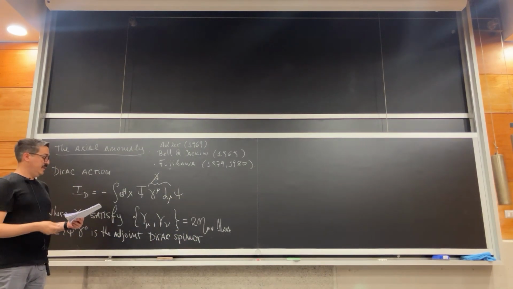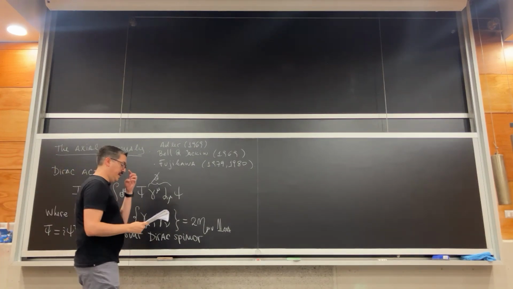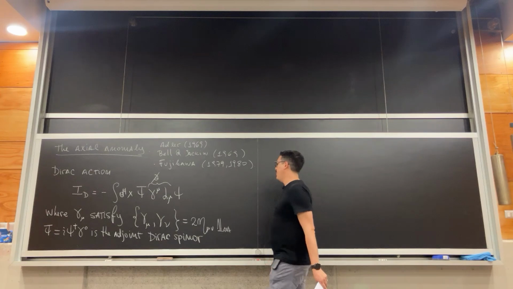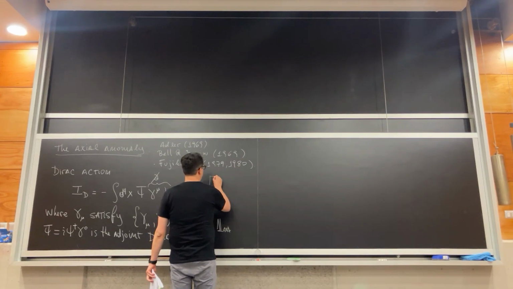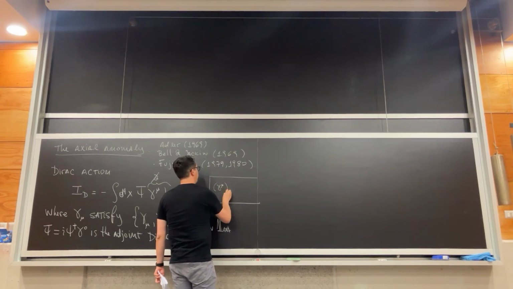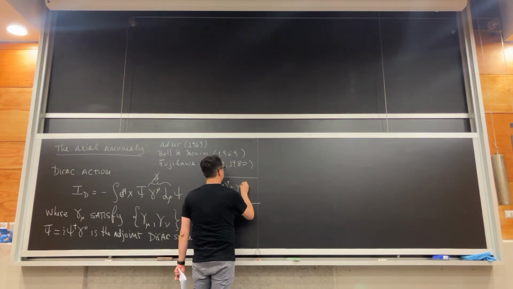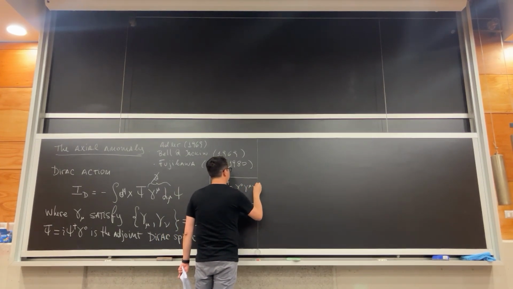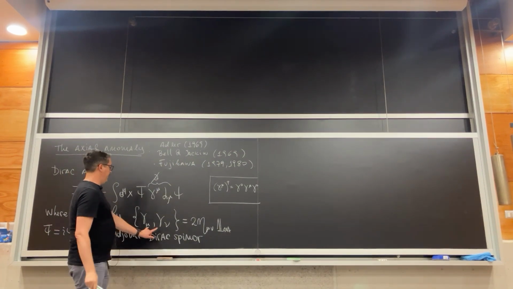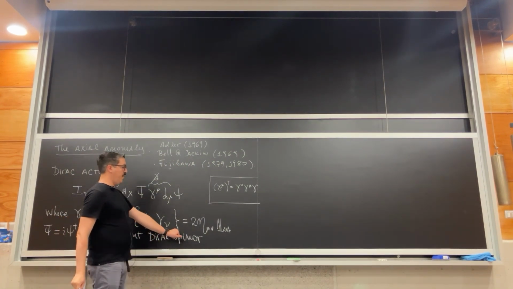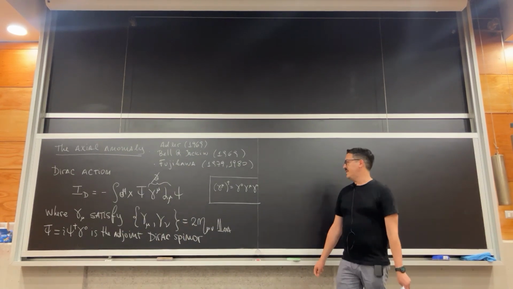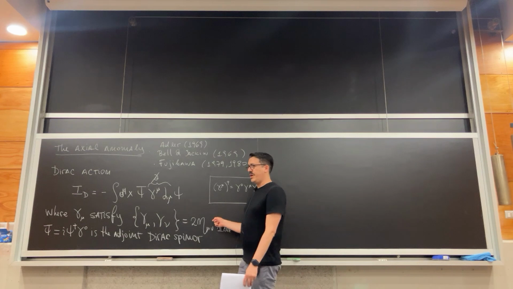And what else? There are some hermiticity properties of these gamma matrices that can be summarized in the following way. So gamma mu dagger is gamma 0, gamma mu, gamma 0. So if you take from here the 0, 0 components, then you get on the right hand side the 0, 0 components of the Minkowski metric.